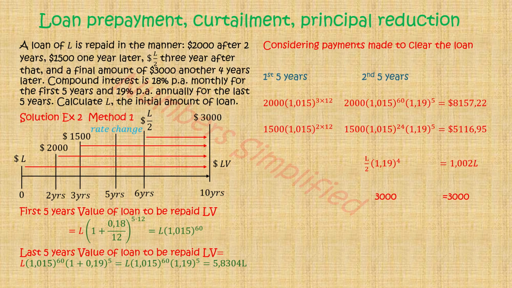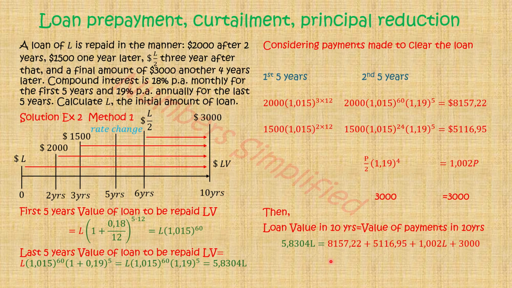So if that is the case, then it would mean that the value of the loan in 10 years is equal to the value of the payments in 10 years, because that's how we can find the value of this loan that was given out. Right, so we know what the value of the loan was. The value of the loan was 5.8304 L, which is equal to the sum of all the payments that were made.